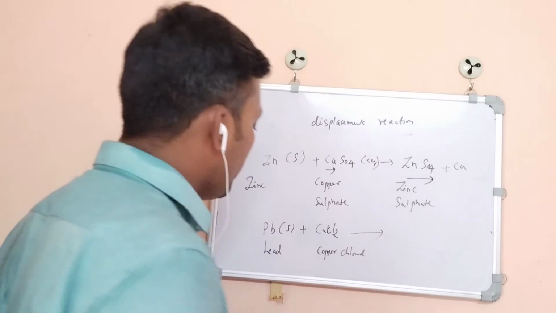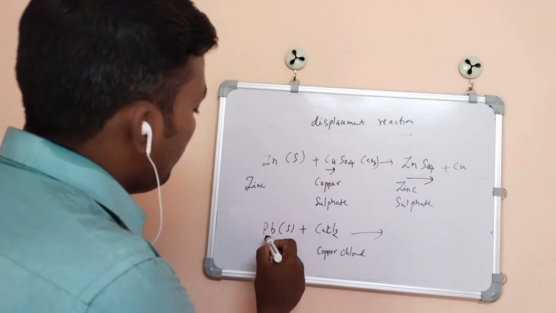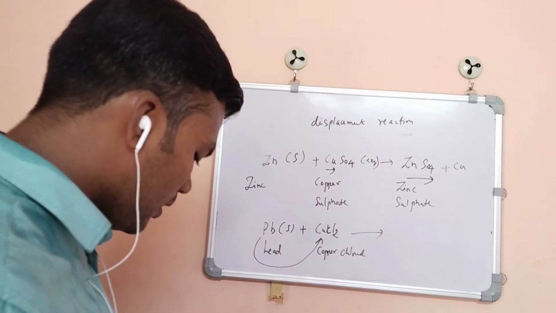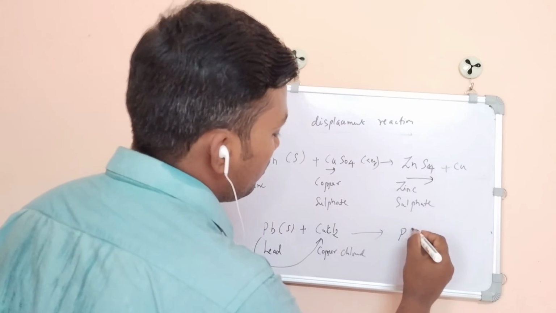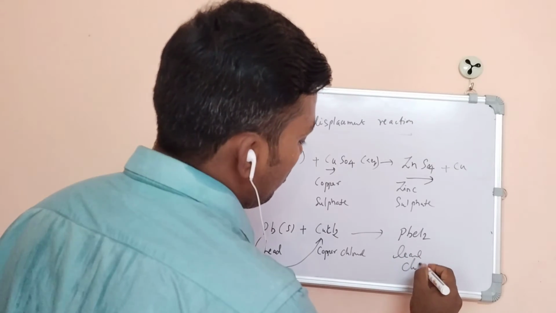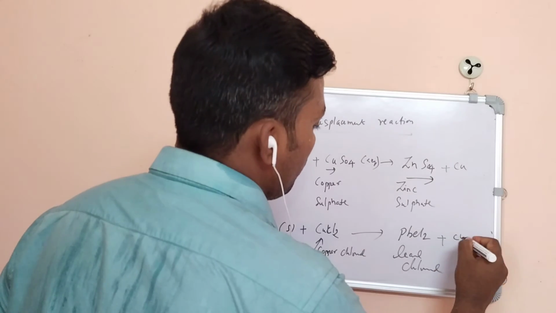What would be the product if lead is reacting with the copper chloride? Lead chloride along with the copper.